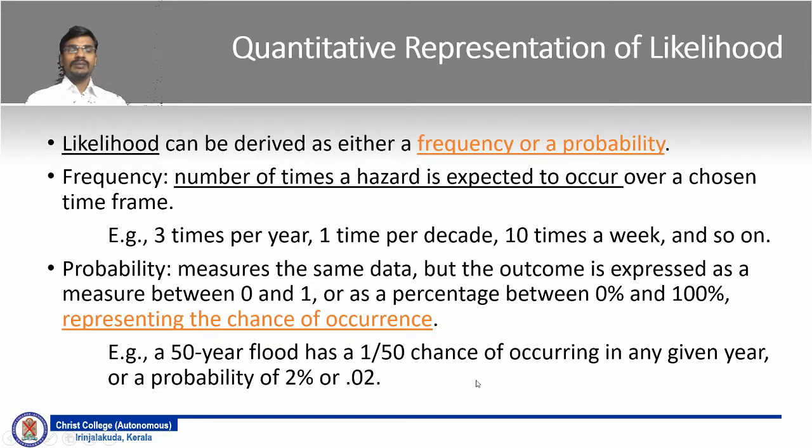For example, a 50-year flood has a 1 by 50 chance of occurring in a given year, or it has a probability of 2% or 0.02. So the same event may be represented either as a probability or in terms of frequency of occurrence.